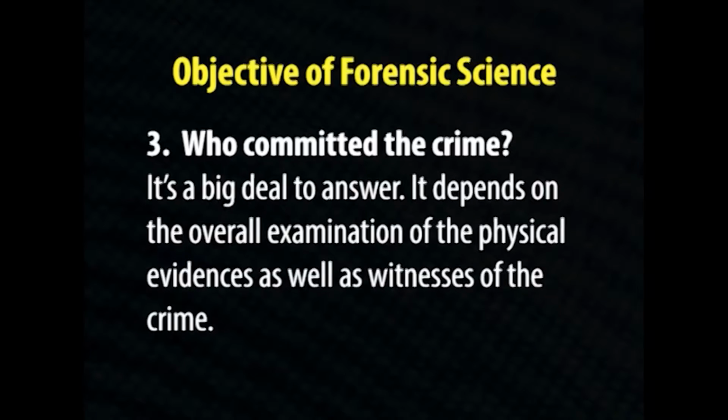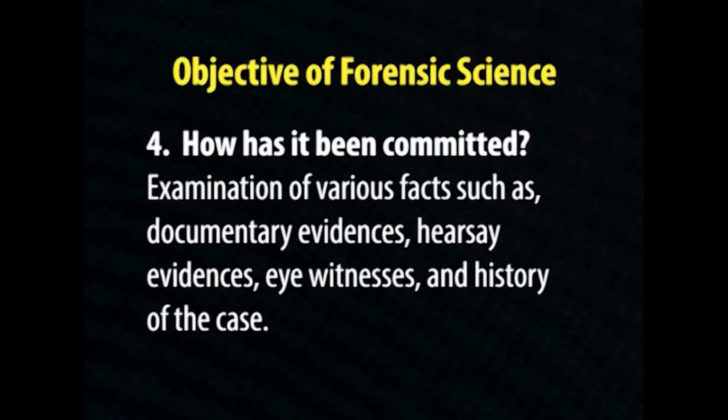It is a big deal to answer. It depends on the overall examination of the physical evidences as well as witnesses of the crime. Next, how has it been committed? Examination of various facts such as documentary evidences, hearsay evidences, eyewitness and history of the case.